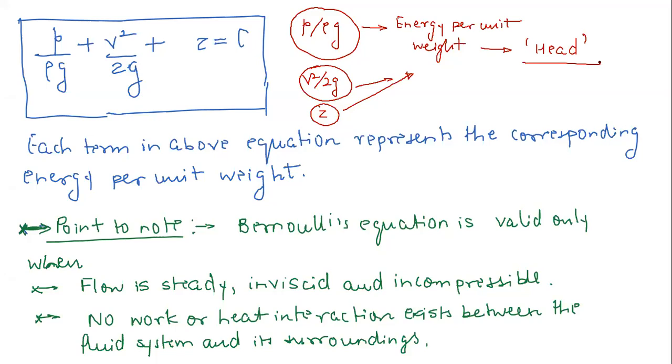While building a dam, engineers refer to this term, head, many times in the design. They never say we are going to design the dam on the basis of energy per unit weight. They directly say we are going to consider the head while designing the dam. So this word head is very important.